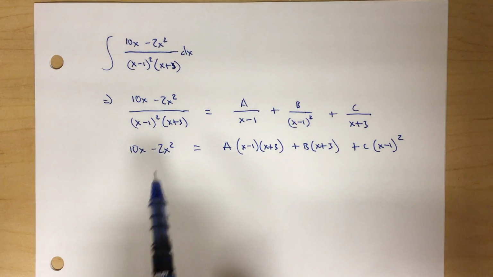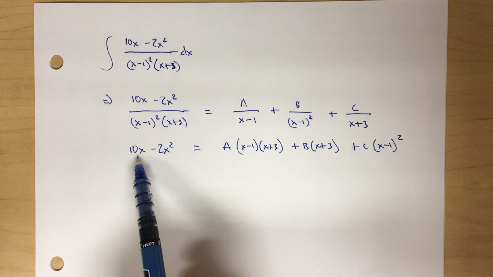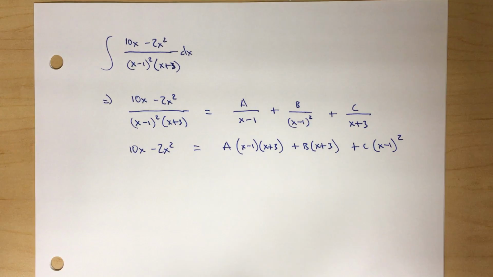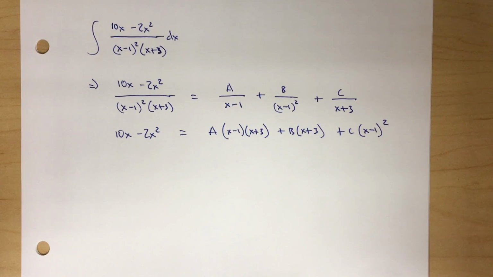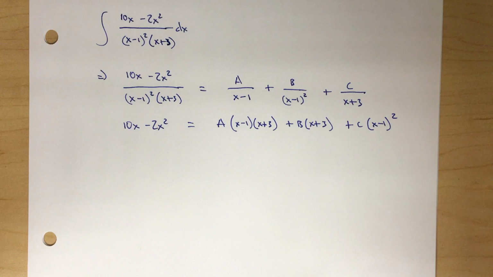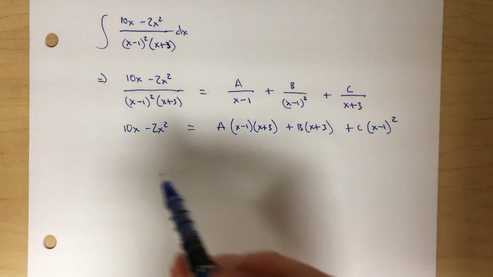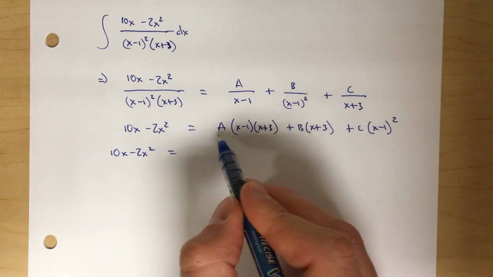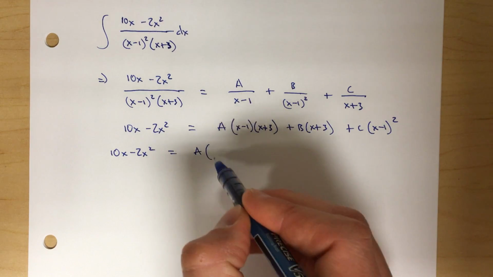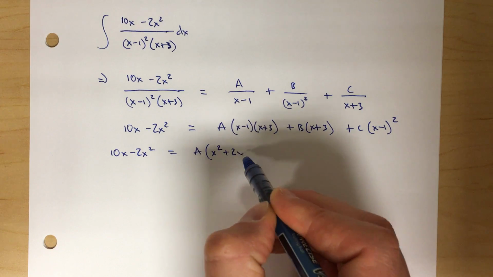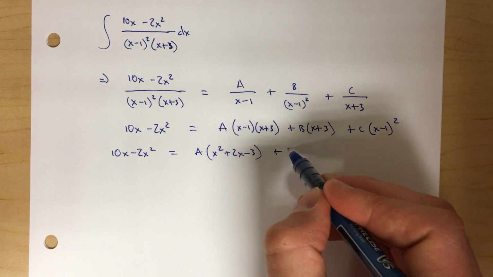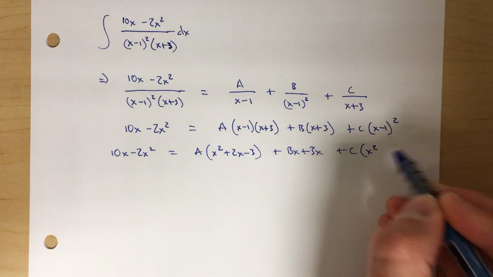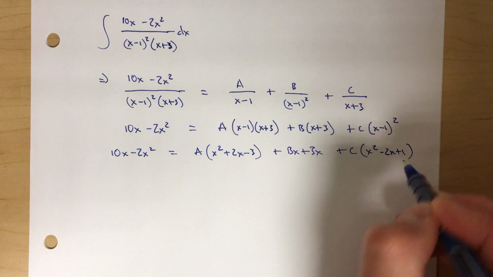And this is bad because we have a quadratic term, a linear term, and a constant term. So we're going to have to set all of that equal and have 3 equations and 3 unknowns. It's a lot of work, but let's do it. So we've got 10x minus 2x squared equals a times x squared plus 2x minus 3, plus b times x plus 3, plus c times x squared minus 2x plus 1.